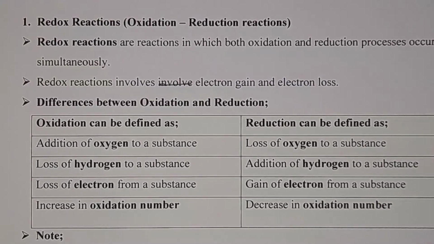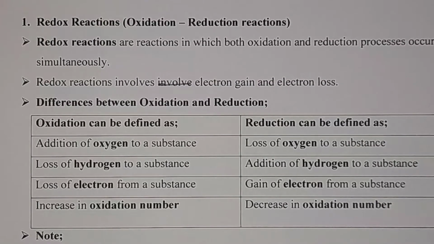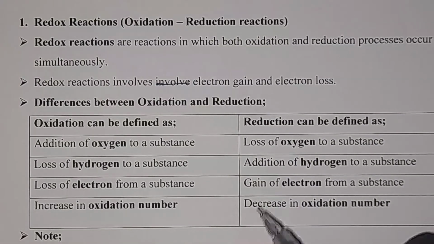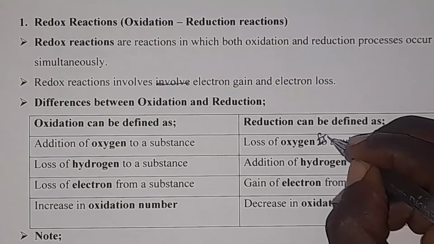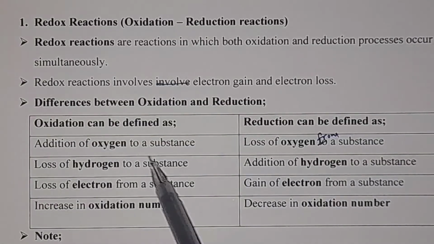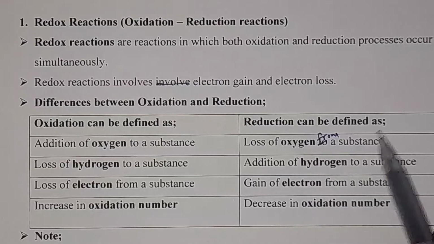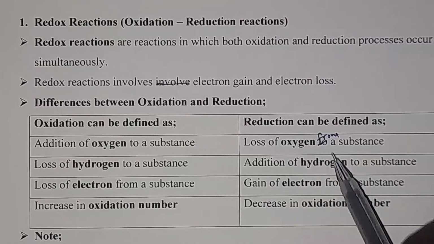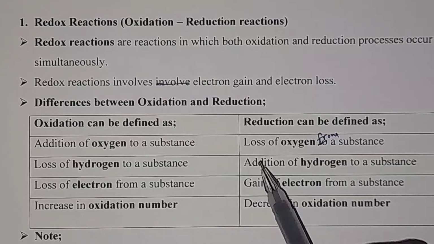The first one: remember in Form 1 Chemistry, Chapter 4, air and combustion, we defined oxidation as the addition of oxygen to a substance, and reduction as the removal of oxygen from a substance.